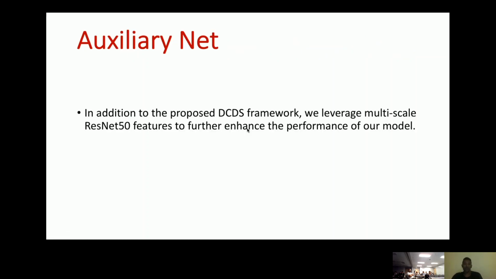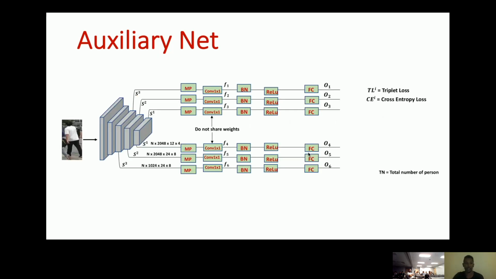On top of the proposed framework, to further enhance the performance of our model, we leverage a multi-scale ResNet 50 feature to fuse finally with the proposed network and get a better feature. Here is the auxiliary net.